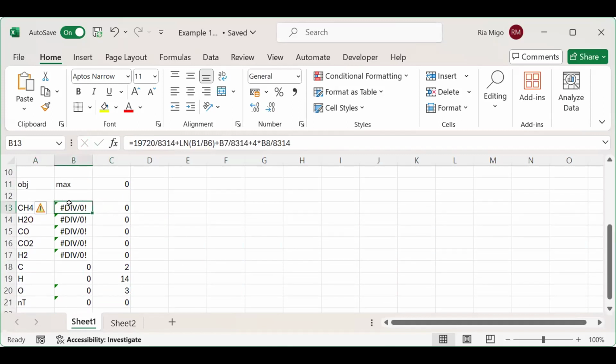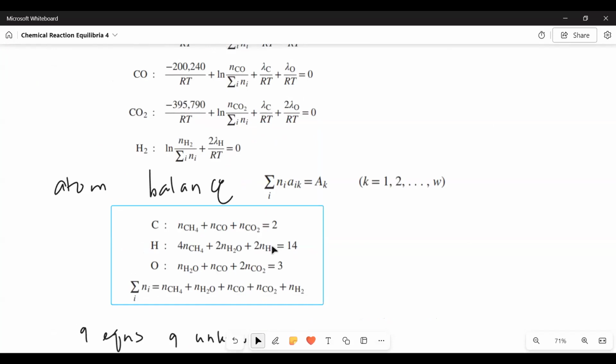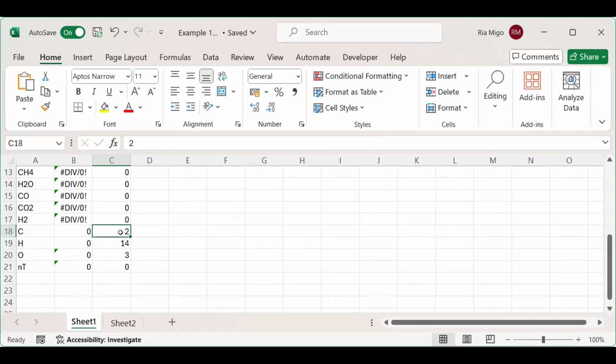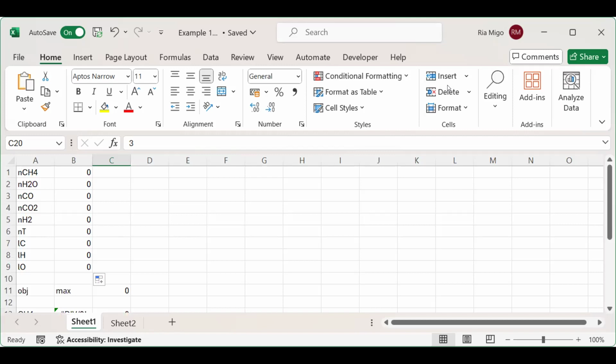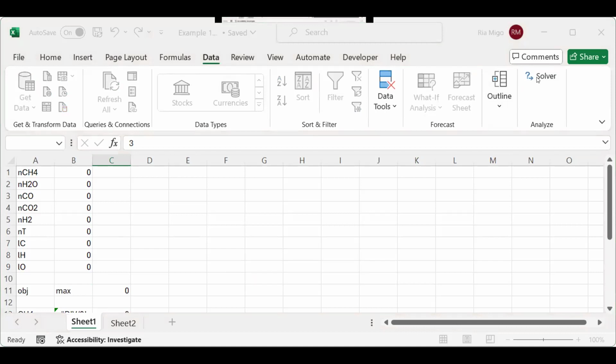And for each of the constraints, I inputted all of the equations that we formulated earlier: the 5 equations and the additional 4 equations. I also inputted the right-hand side of the equation. Notice that this is capital letter A sub k right here. And then I tried solving it using the solver, which should be GRG nonlinear.